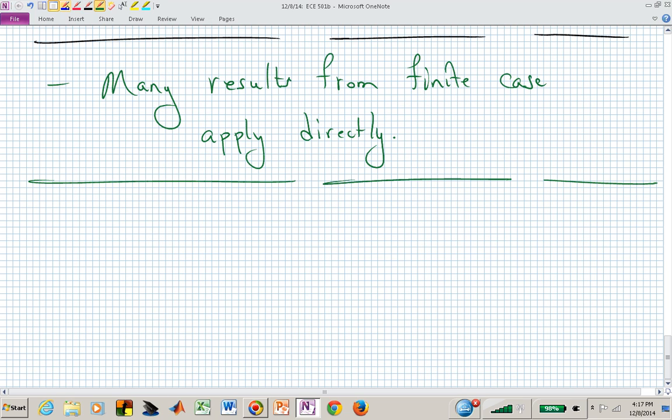And one of the concepts or results that we had before was this notion of eigenvalues and eigenvectors, or these invariant subspaces, or these invariant vectors, these x sub i's.